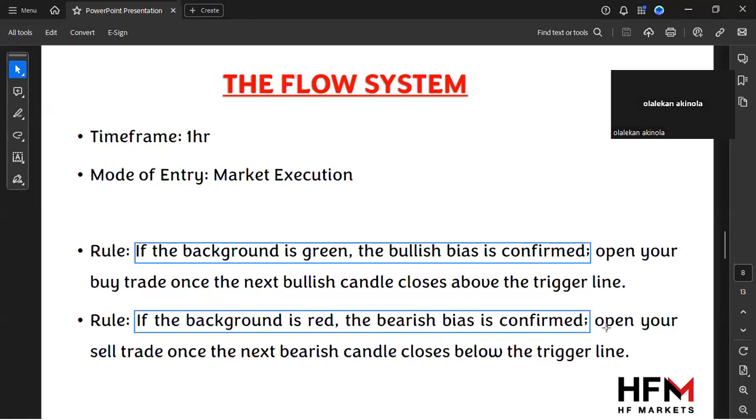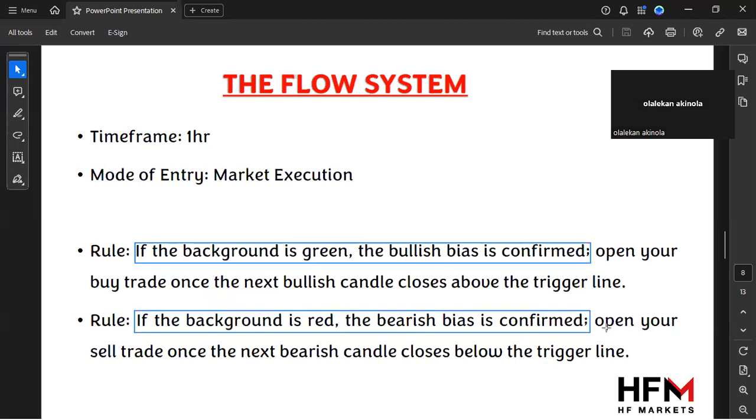The question is, which bullish bias is being confirmed in the first place? It didn't say if the background is green, you have a bullish bias, full stop. It says the bullish bias is confirmed, which means you must already hold a bullish bias. When you then get to the flow system and you find a green background, that's a confirmation for you.